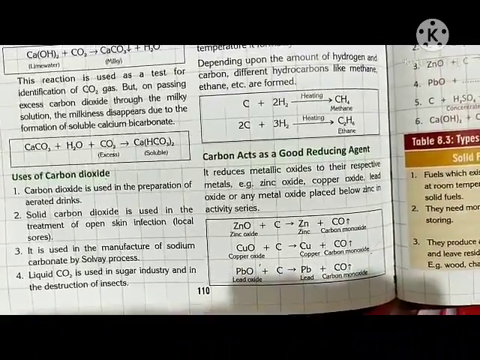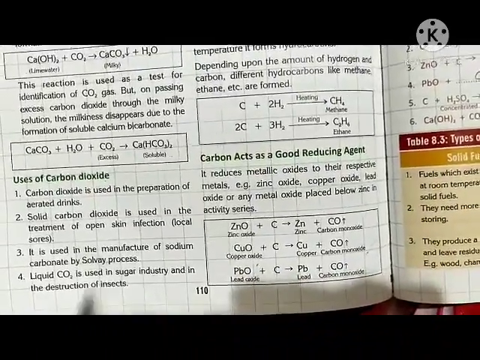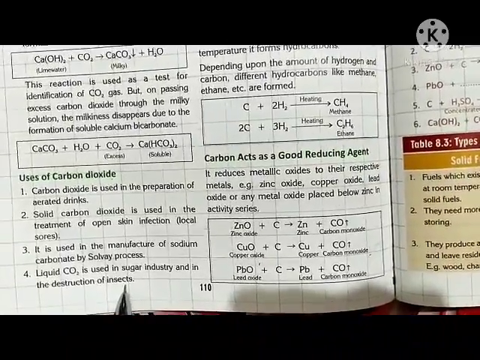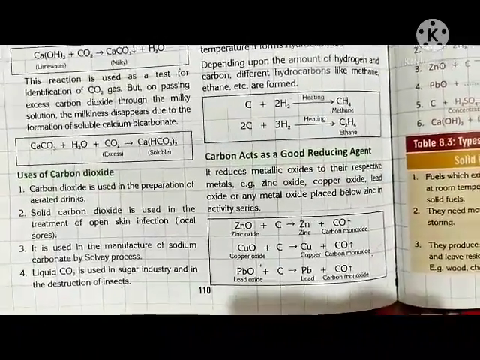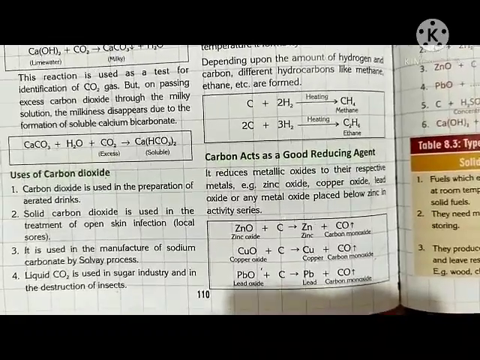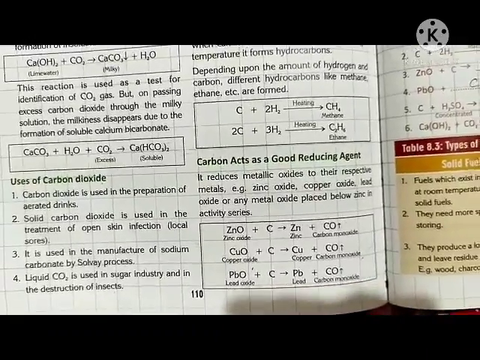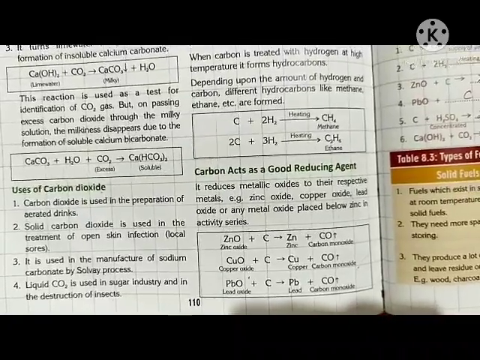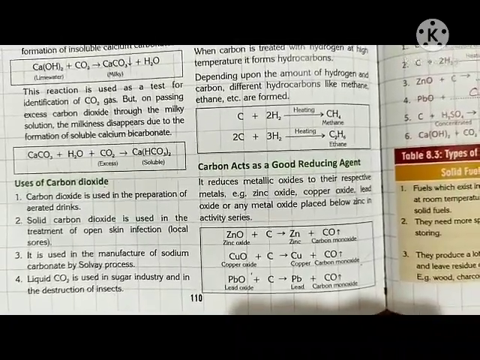Liquid carbon dioxide is used in the sugar industry for the process of sugar formation and also in the destruction of insects, like in mosquito spray and fly spray.